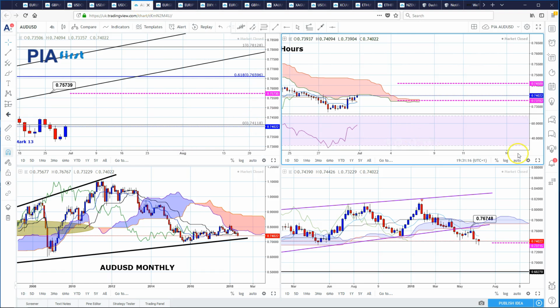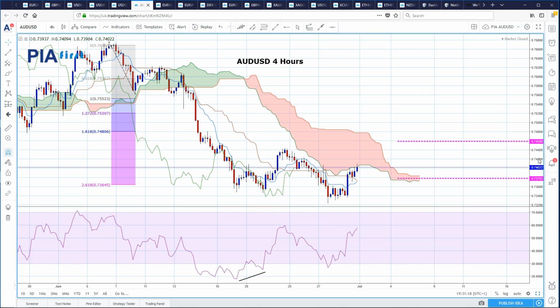Aussie dollar, and I think this is probably the most important time frame going into this week. We could be forming a reverse head and shoulders pattern. Far too early to tell. So basically this would be the left shoulder, this would be the head, and then a move up. The only reason I'm saying that is because we've got some bespoke resistance here at 74.58.